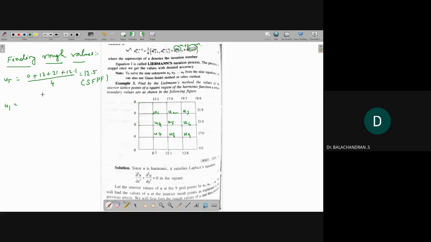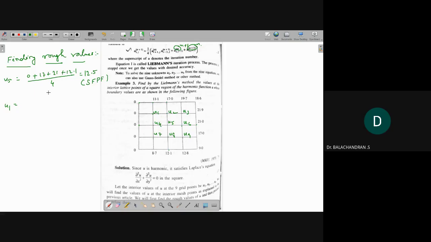But there is some disadvantage in the diagonal 5-point formula because you will get more error. So usually you need to use the standard 5-point formula, in which you don't get errors that much.